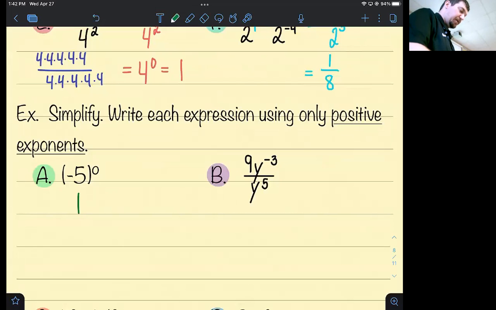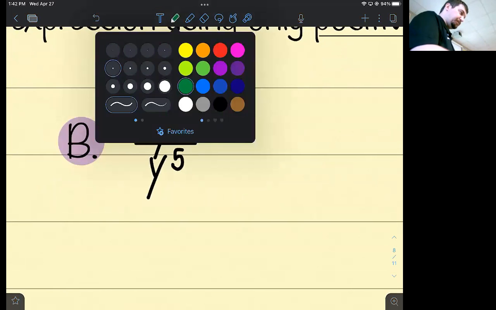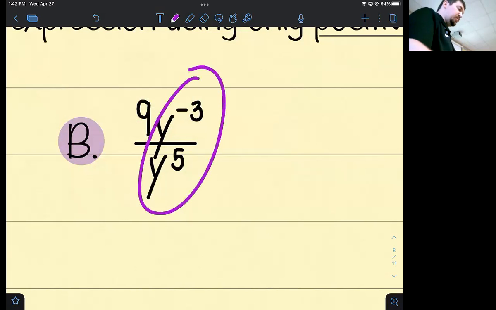B, 9y to the -3rd over y to the 5th. There's 2 ways of thinking about it. There's the algebraic way, and there's the visual way. The algebraic way would say that when I'm dividing powers with the same base, I subtract the exponents. What's -3 minus 5? Owen? -8.